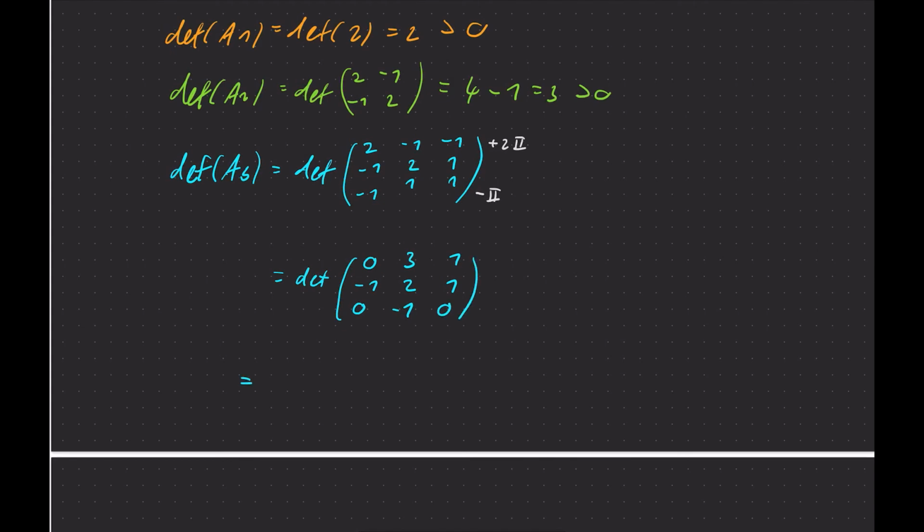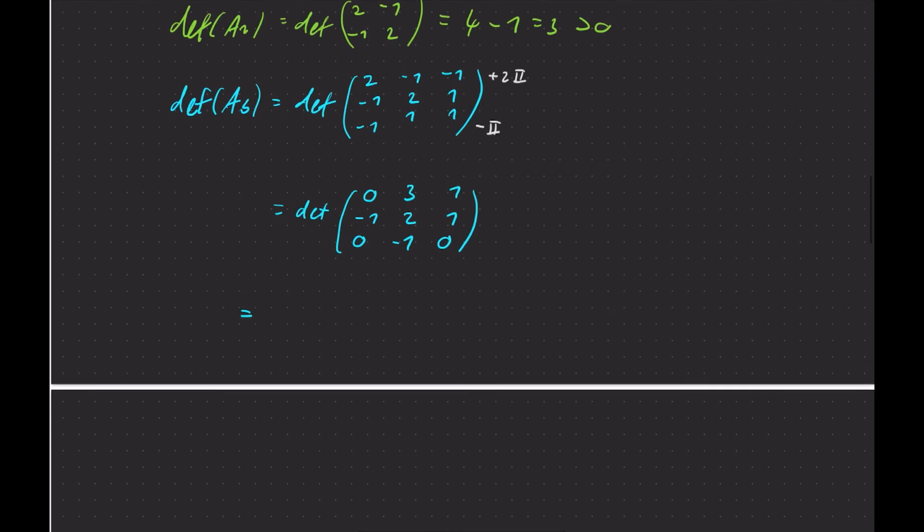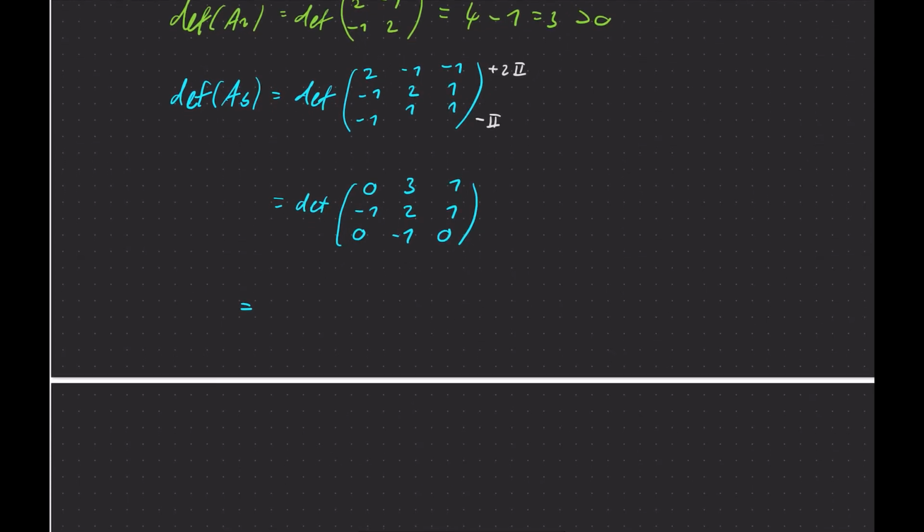And then we do Laplace expansion with respect to the first column. The only entry in that column is this -1 entry here, so that is a -1. To determine the sign, that's in the second row and the first column, so times (-1) to the power 2 plus 1. And the remaining determinant is then 3, 1, -1, 0.